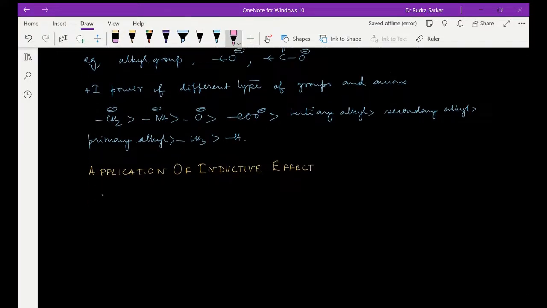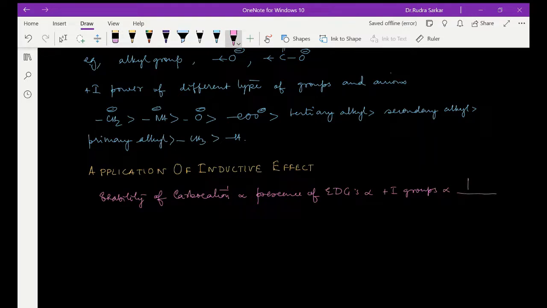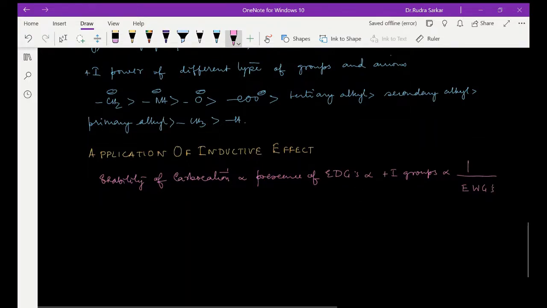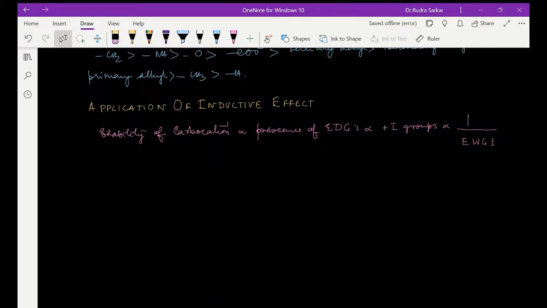So straight away it can be used for predicting the stability of a carbocation, wherein we will say stability of the carbocation will increase, or is directly proportional to the presence of electron donating groups, directly proportional to the plus I groups, and inversely proportional to electron withdrawing groups. Okay, or minus I groups.